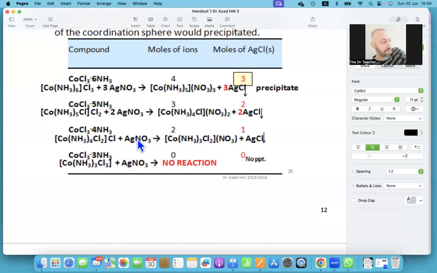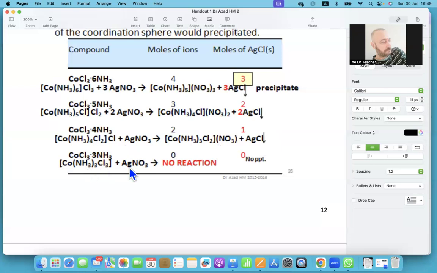If you introduce 1 mole of silver nitrate to this compound here, you get 1 precipitation of silver chloride, and here we find cobalt bonded to 3 amino groups and 2 chlorides.